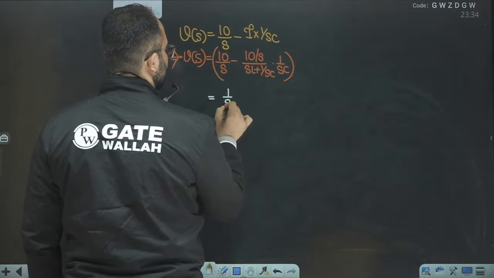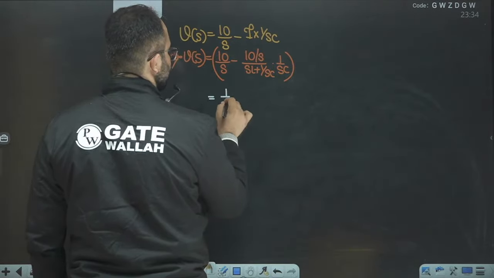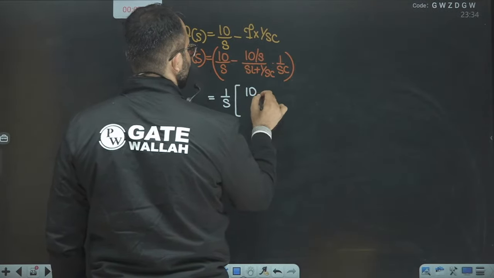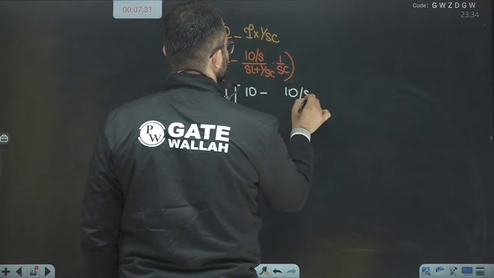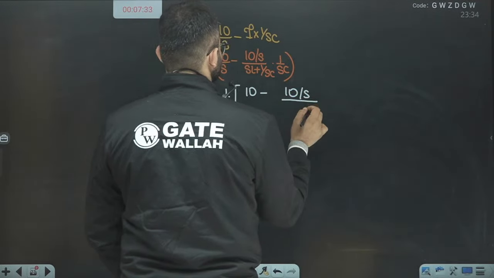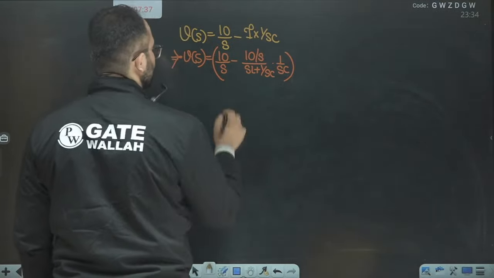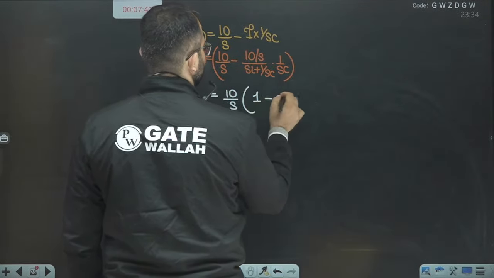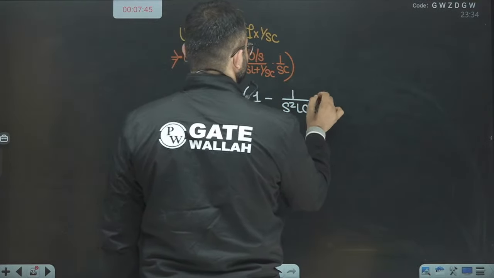Now, we take 1 upon S common. Ten minus 10. Let's take 10 upon S common, completely. So it is 1 minus 1 upon S square LC plus 1.